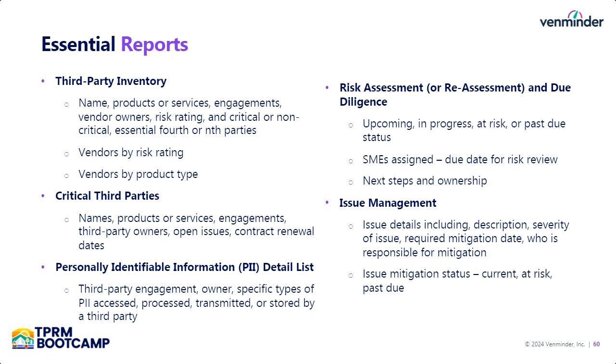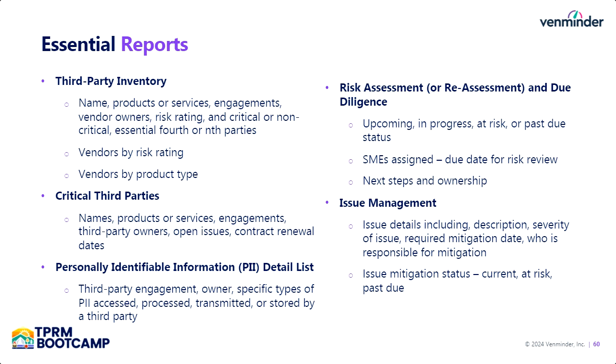Now, while there's an endless number of reports you can generate, let's talk about a few essential reports that every program should have. We want to have really robust and complete third-party inventory reports that allow us to identify vendor names, products and services, their engagements, who owns that relationship, the risk rating, and whether or not that product or service is critical.